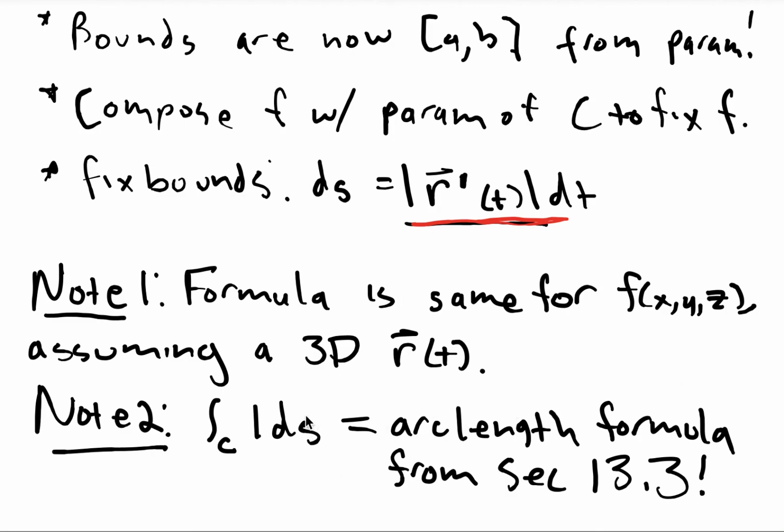If you set up an integral of 1 along a curve with respect to arc length, and you come up with a parameterization, give it a try. You will get precisely the arc length formula from section 13.3, because all that formula has you integrate is just this thing over an appropriate interval.